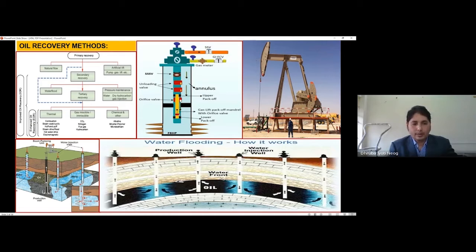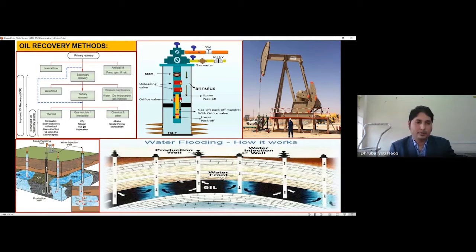So there are two methods. One is called water injection, where water is injected into the aquifer. For this method, it is required to have good communication between the aquifer and the oil reservoir, technically there should be good permeability.